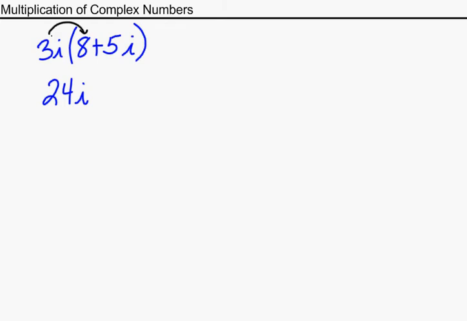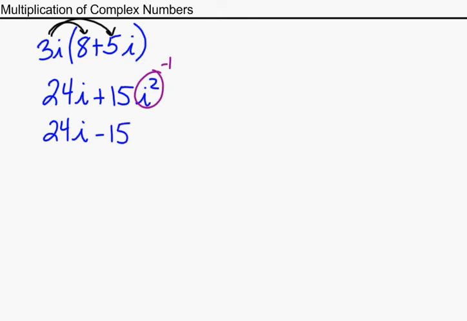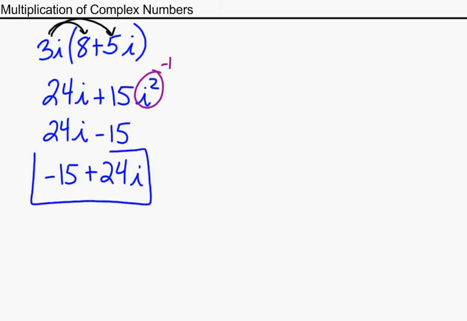The second half, 3i times 5i, is going to give me a 15 from 3 times 5, and i squared, which we know is negative 1. So if I clean this up, I have my 24i, and 15 times negative 1 is negative 15. And remember, style matters, so I have to write this as the real portion first, negative 15 plus 24i, the imaginary portion second.